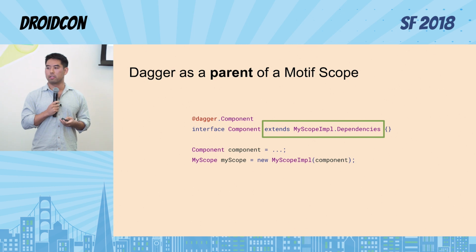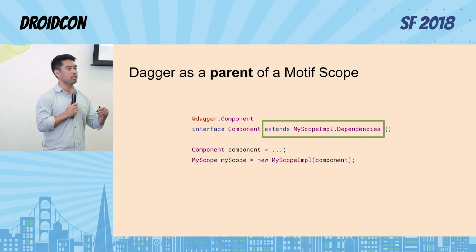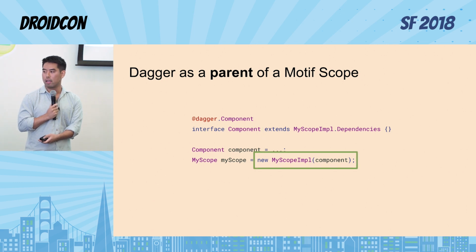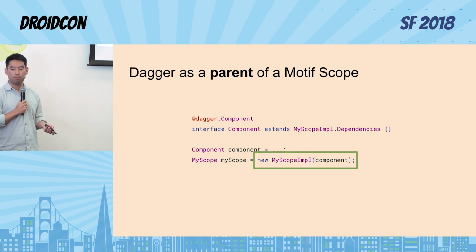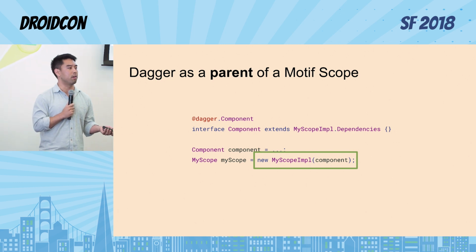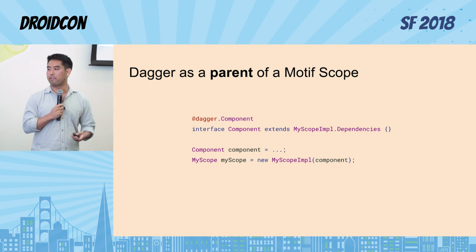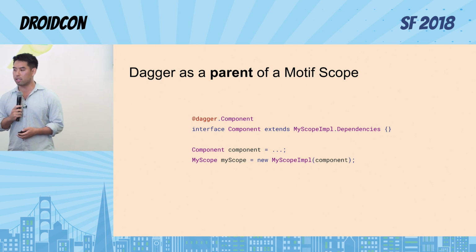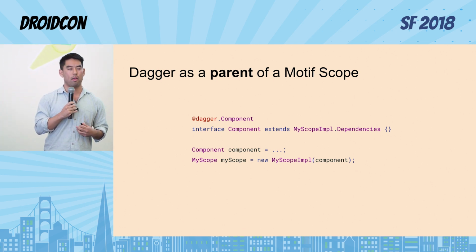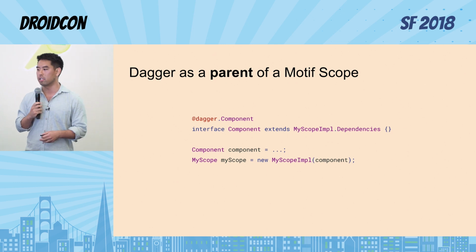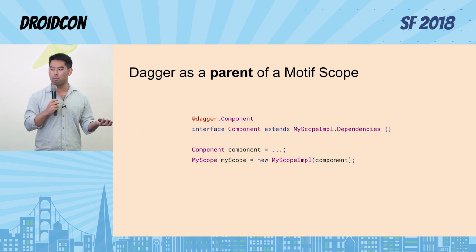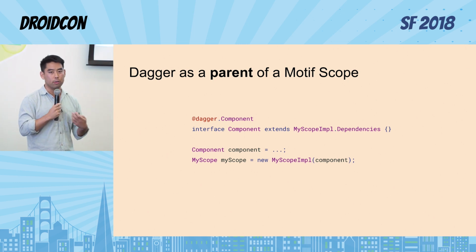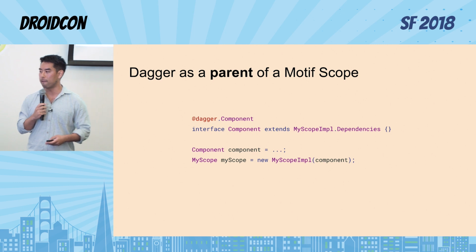So now what we can do is have the component directly satisfy all those dependencies by extending this dependencies interface. And when we new up the scope, we can just pass in an instance of the component as the dependencies, and now we've set up Dagger as a parent of Motif scope. So using these two strategies, you can opt in or opt out of using Motif however you want, and this is really useful, for instance, just trying out Motif or doing an incremental migration if you wanted to do that.